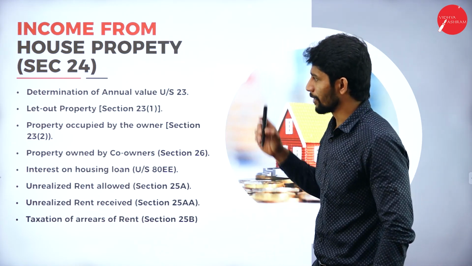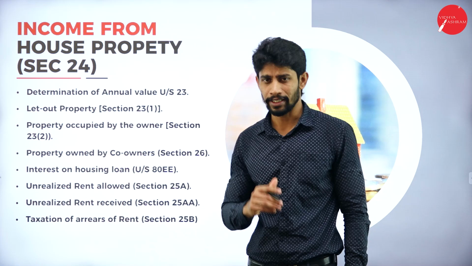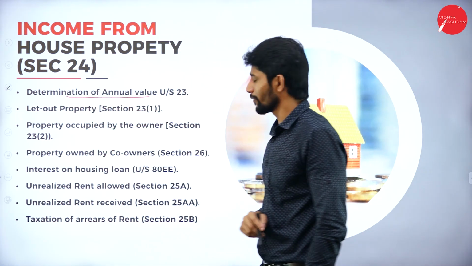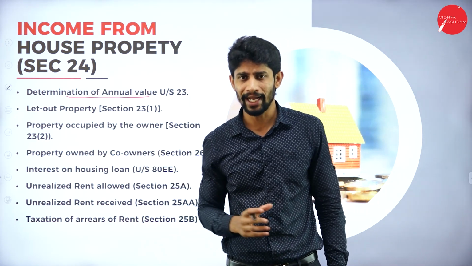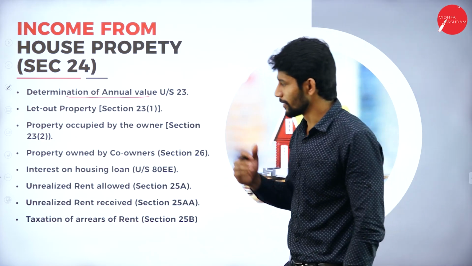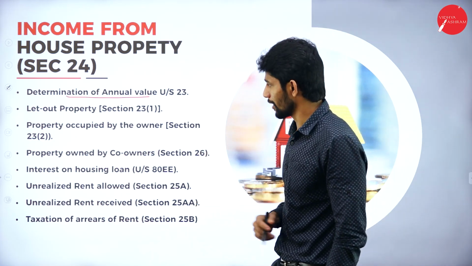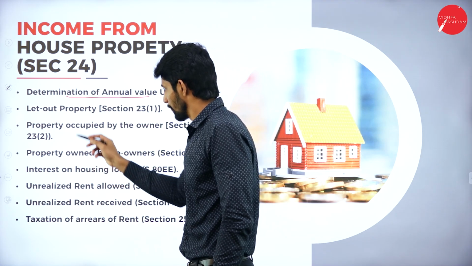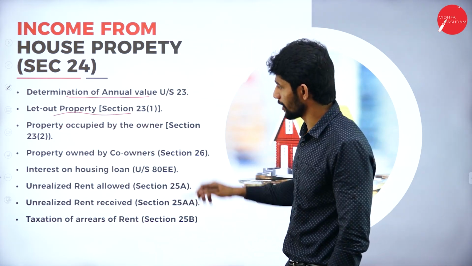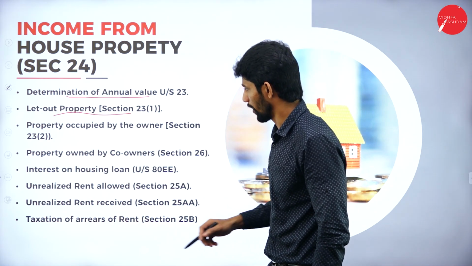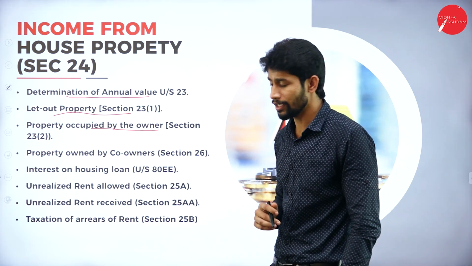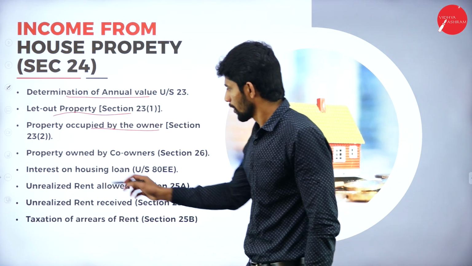So this income from house property deals with section 24. Determination of annual value: we are going to determine the annual value under section 23. I'll explain that in the next slide. Let out property, we will compute under section 23 subsection 1. Property occupied by the owner comes under section 23 subsection 2.